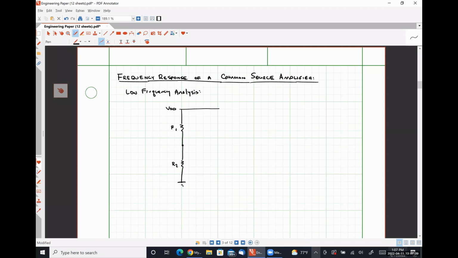Here's R2. Here's our input capacitance C in. We're going to include some potential signal resistance, R sig. This is where we're applying our input voltage V in.